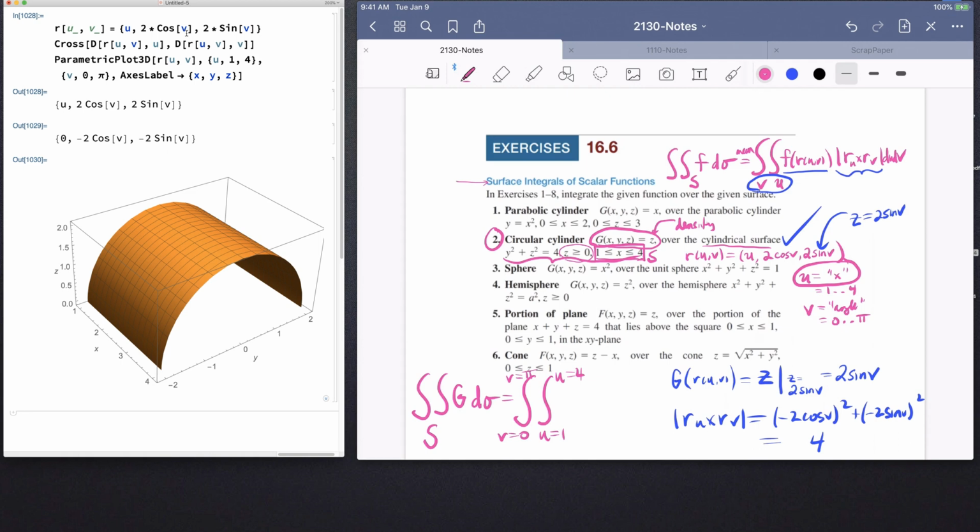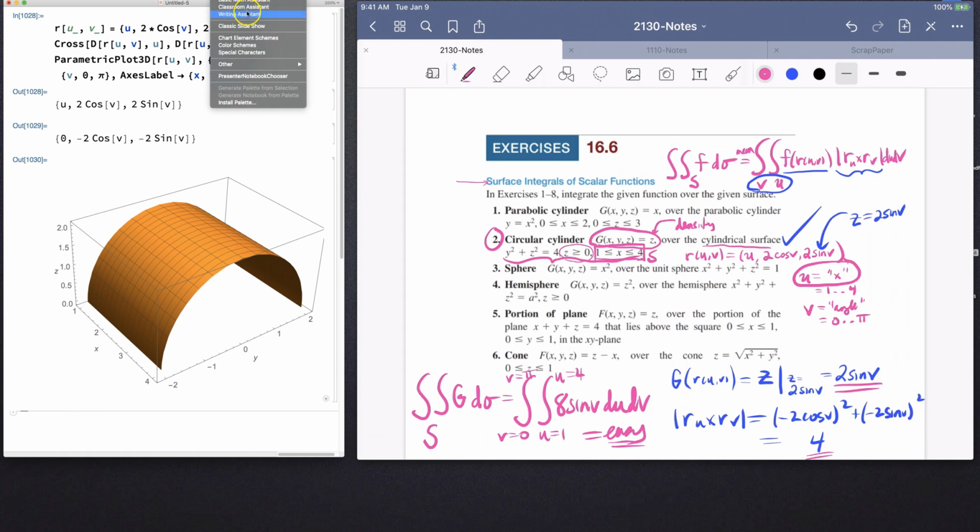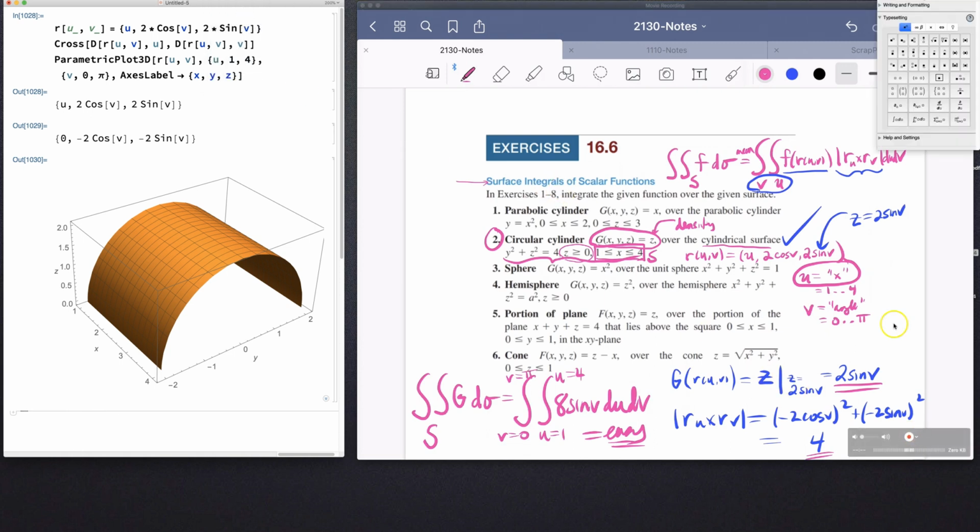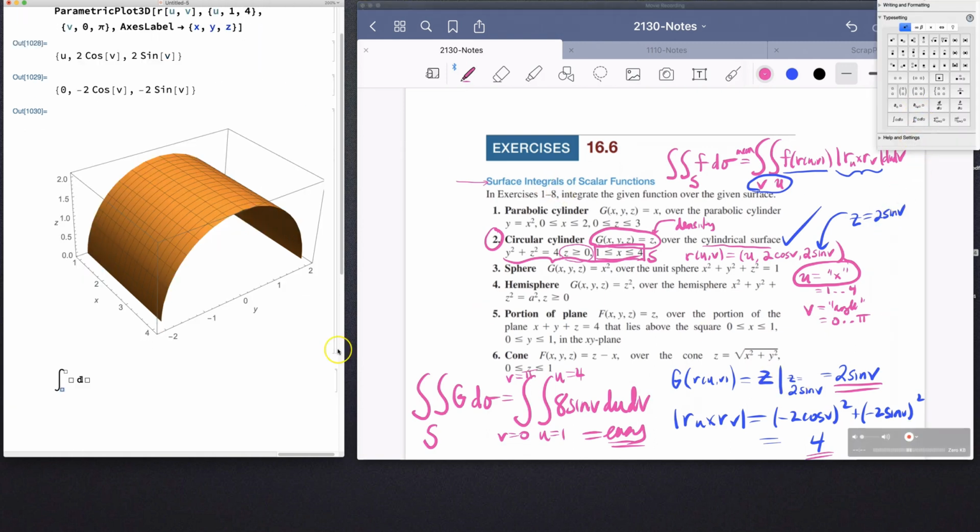Then we take the density function along the surface and multiply it by the magnitude of the cross product, so that will be 8 sine of v du dv, and that is the double integral that we need to evaluate, which is a pretty easy integral to compute. I will get that answer worked up for you so that you know what you're shooting for.